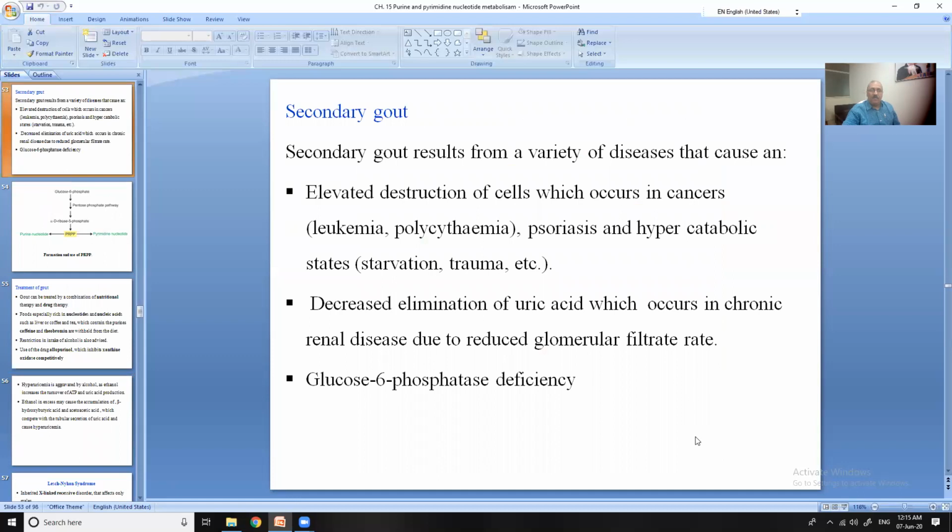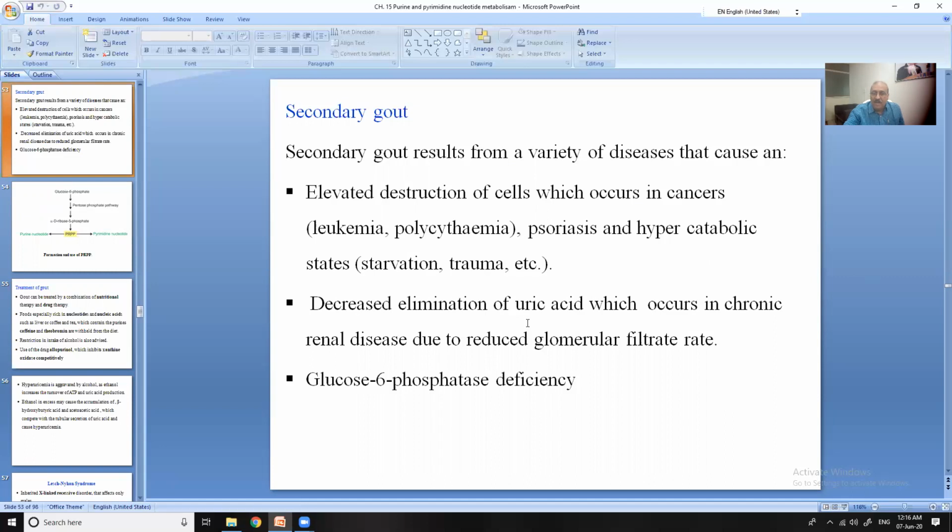What is secondary gout? Secondary gout results from a variety of diseases that cause elevated destruction of cells, which occurs in cancers. Okay, got it? Leukemia, polycythemia, psoriasis, and hypercatabolic states like starvation and trauma.